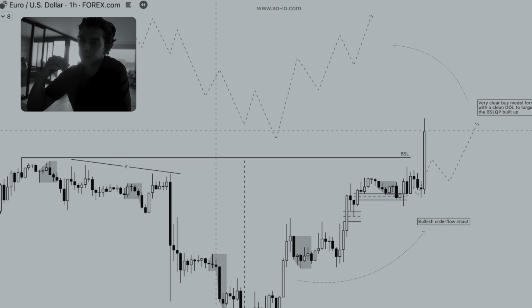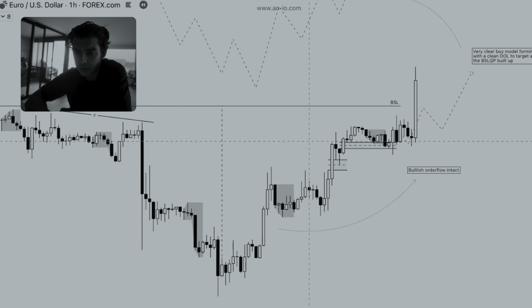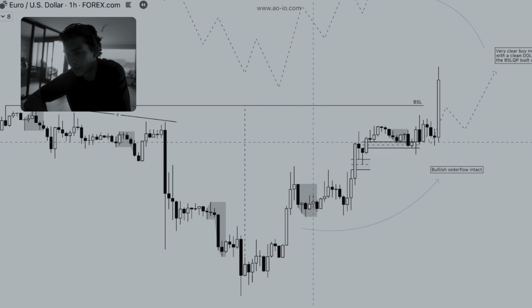Flow state is your H4, H1, and then everything below H1 will become your flux, which is your execution time frame, right? That's kind of the fractal as to how we go about trading liquidity concepts and price action that we see there. So you can kind of see one of two things already.